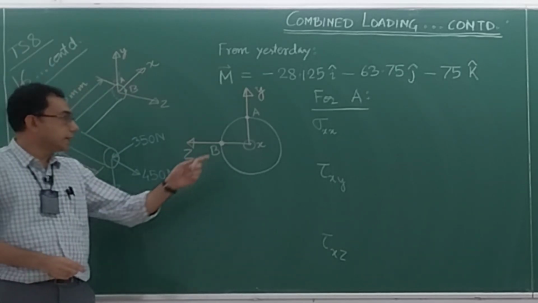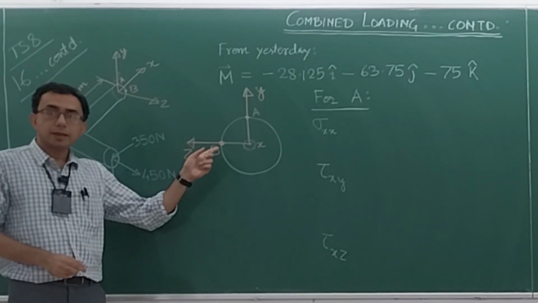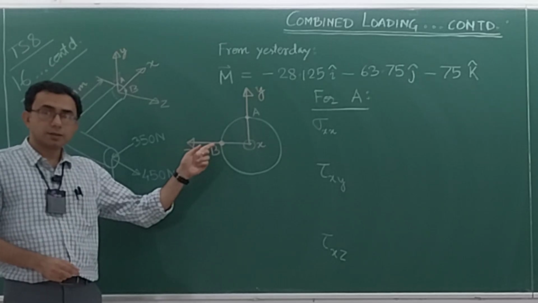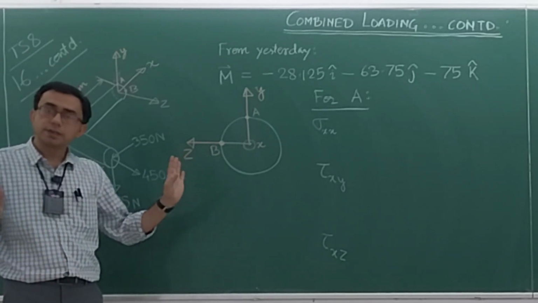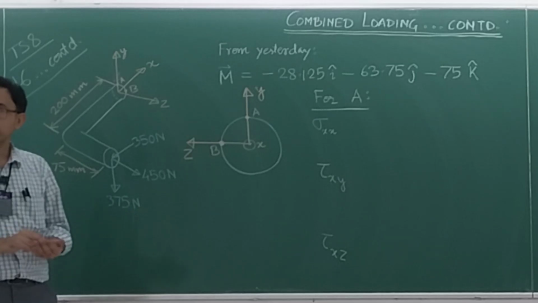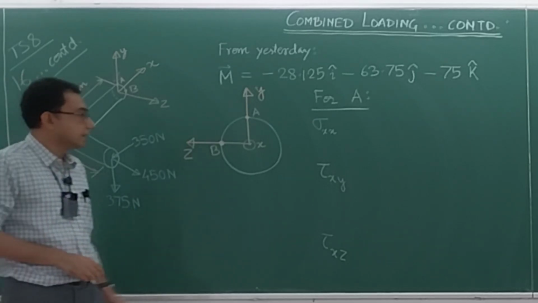Similarly, when you go to point B, there will again be a separate sigma xx. There will also be a tau xy here and a tau xz here. Whether they are zero or non-zero, we'll see later, but in general, this is the setup. Now we have to fill in the blanks.